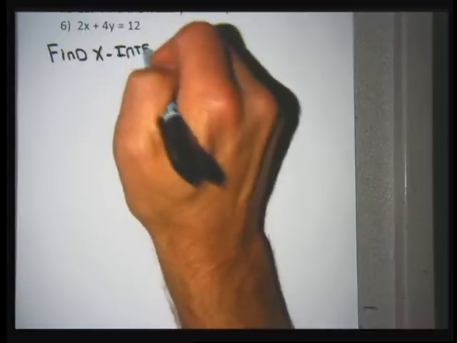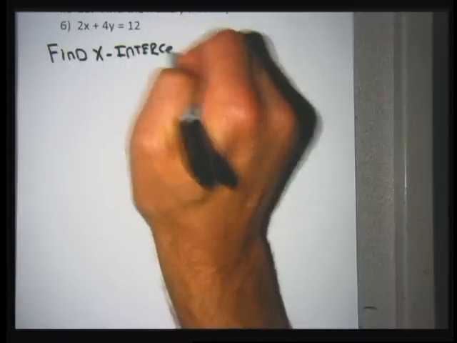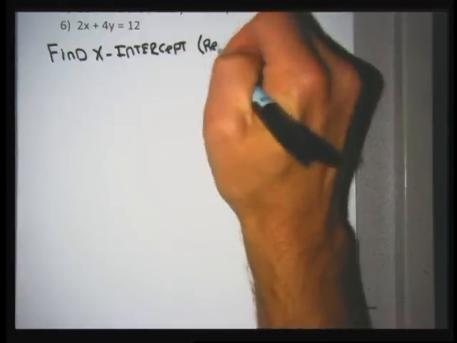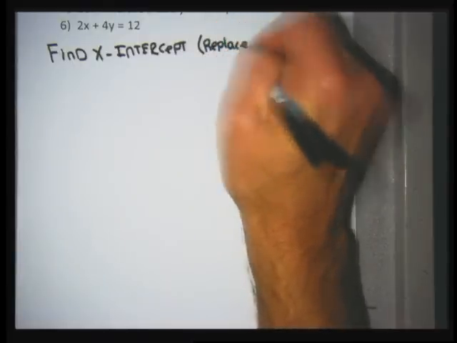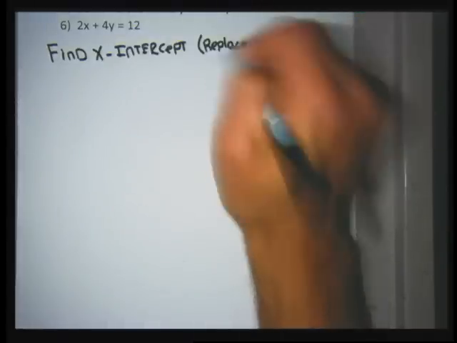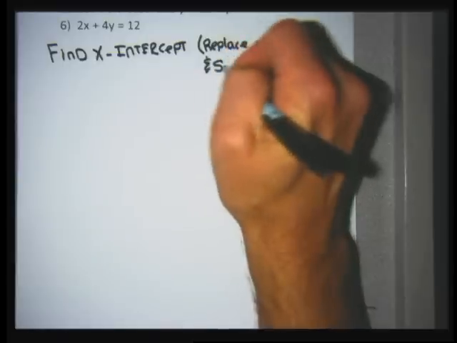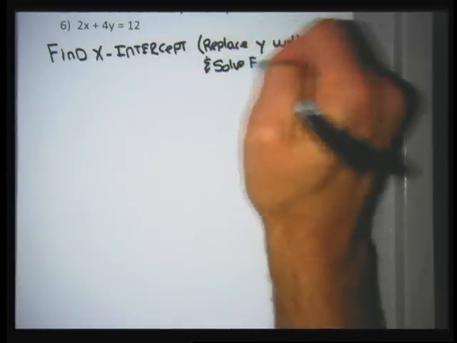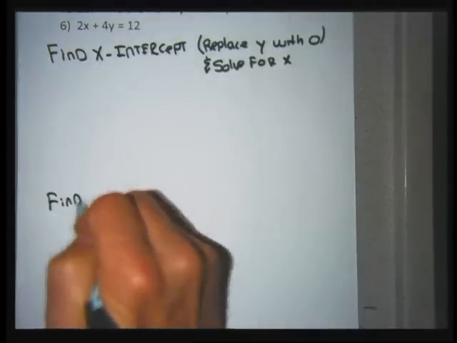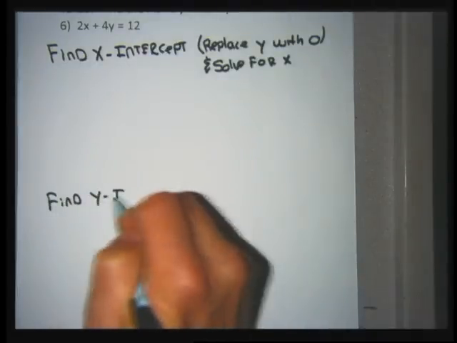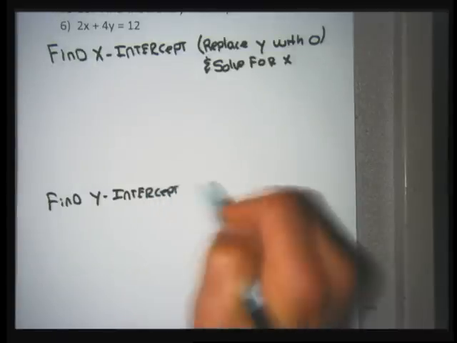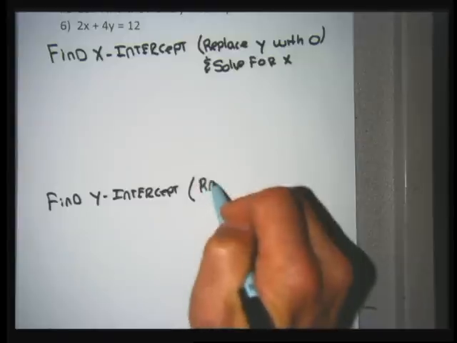So for each of the problems between 5 and 18, when I'm asked to find an x-intercept, I'm going to replace the y with 0 and solve for x. And then when I'm asked to find the y-intercept, I'm going to replace the x with 0 and solve for y.